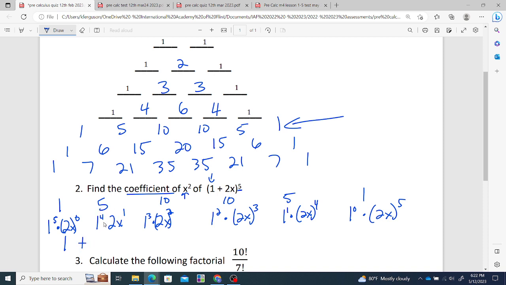Next, let's do this instead. We're going to start with the initial coefficient that we get from Pascal's triangle. So it's 5 times 1 to the fourth power, which is 1, times 2x to the first power. So when I multiply that all out, I'm going to have 10x.